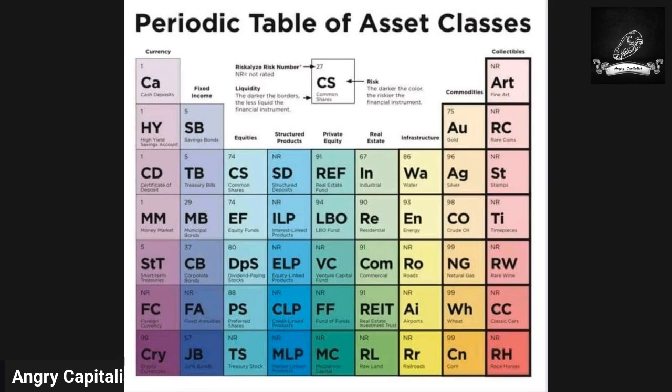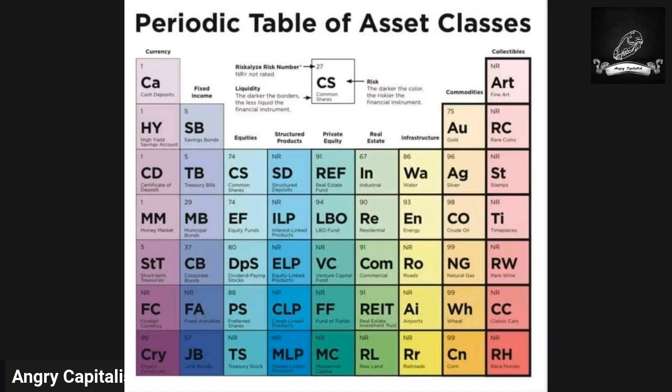In this video, I'm going to be focusing on currencies. So what I'm looking to do is go left to right across the different classes of assets. We have different classes and then specific examples.